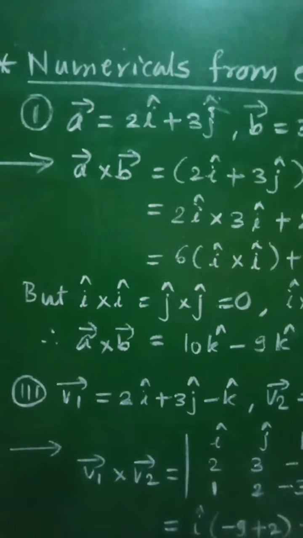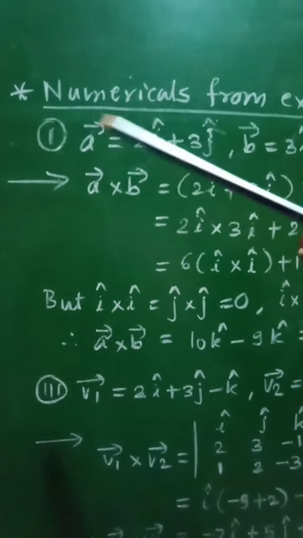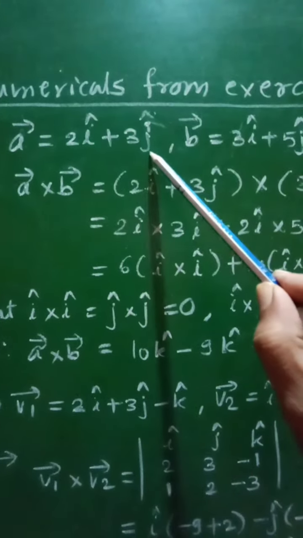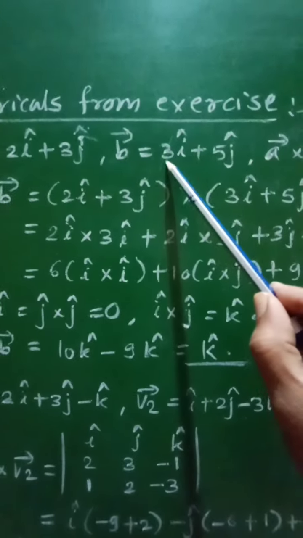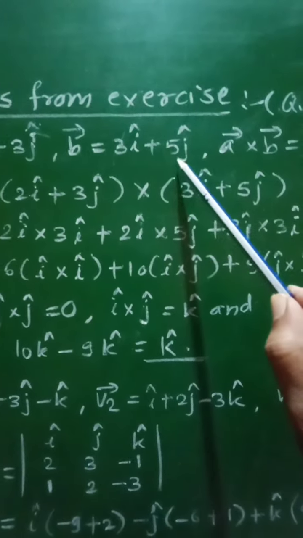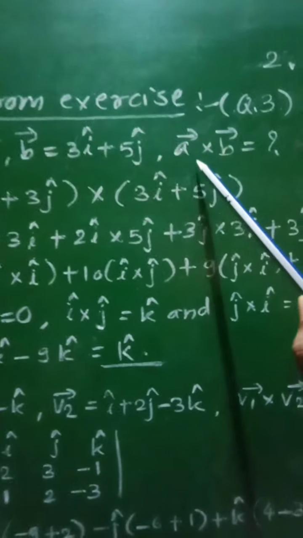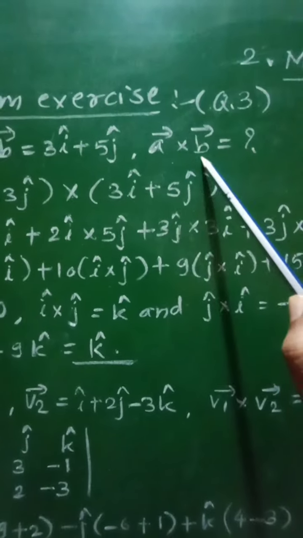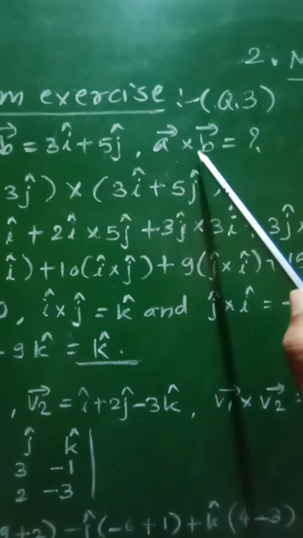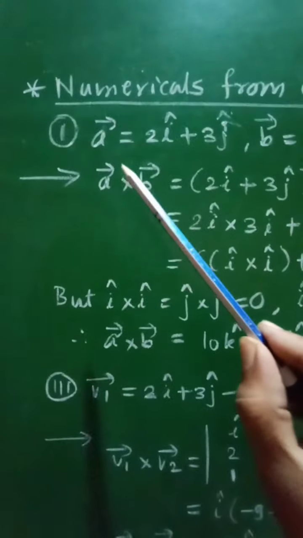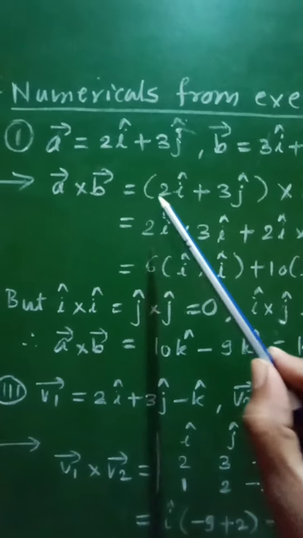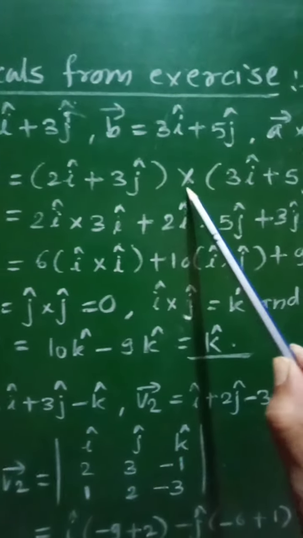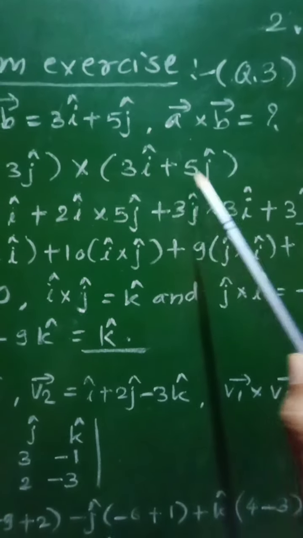The given data is vector A equal to 2i cap plus 3j cap, vector B equal to 3i cap plus 5j cap, and we have to find vector A cross vector B, that is the cross product of these two vectors A and B. Therefore A cross B will be equal to 2i cap plus 3j cap cross 3i cap plus 5j cap.